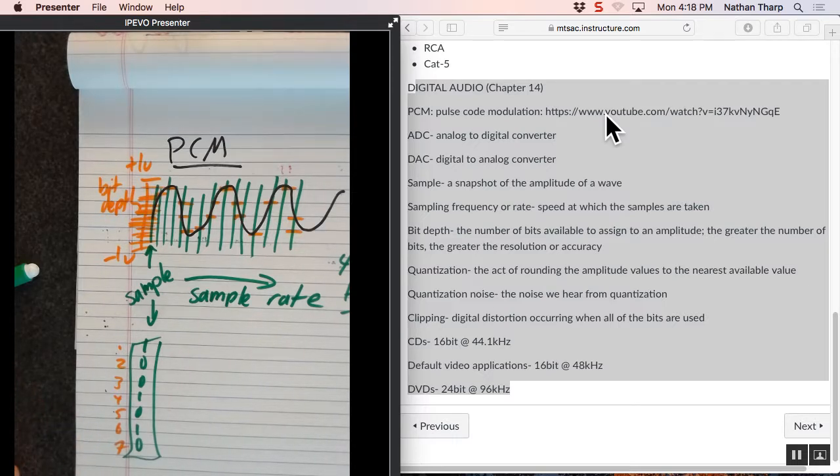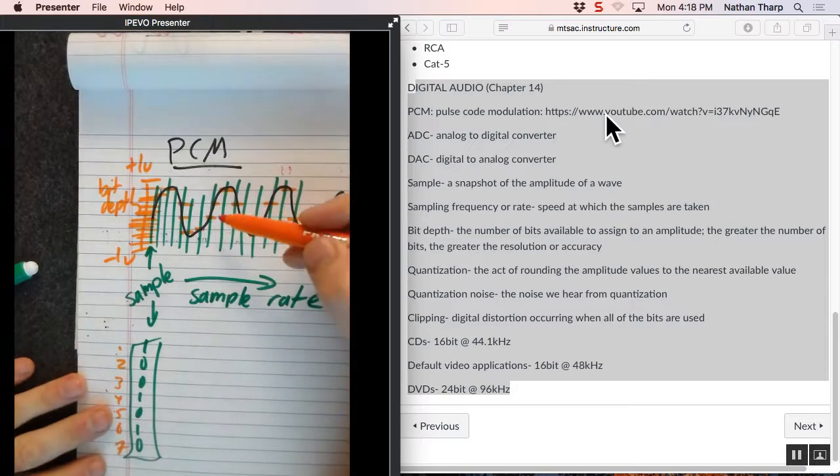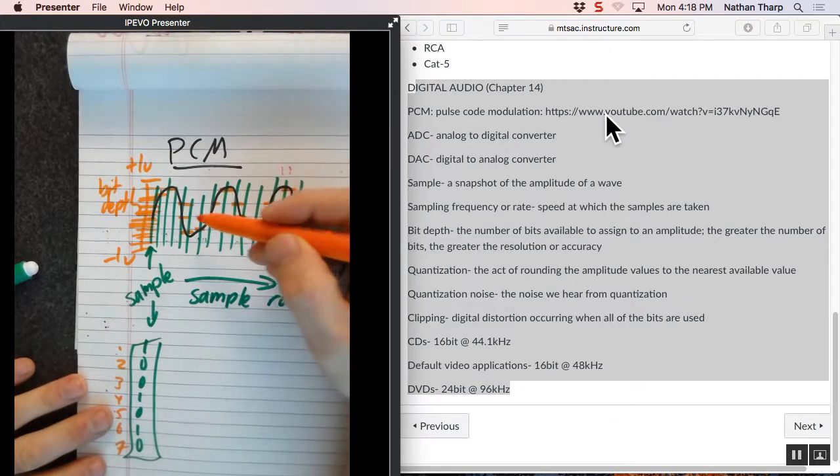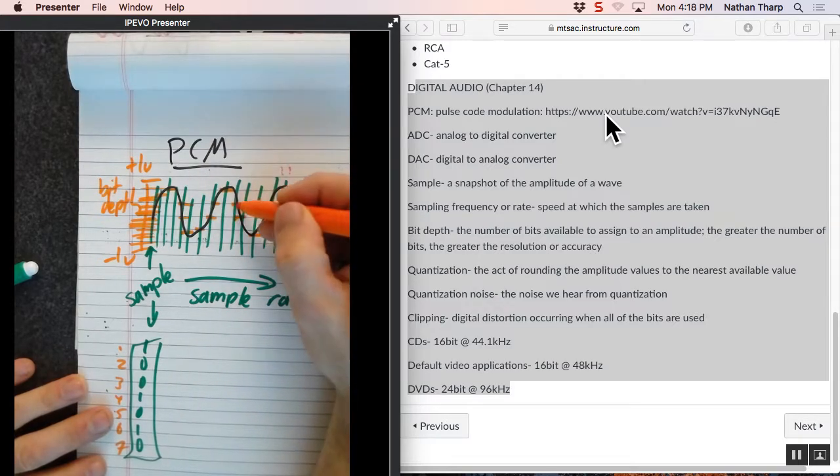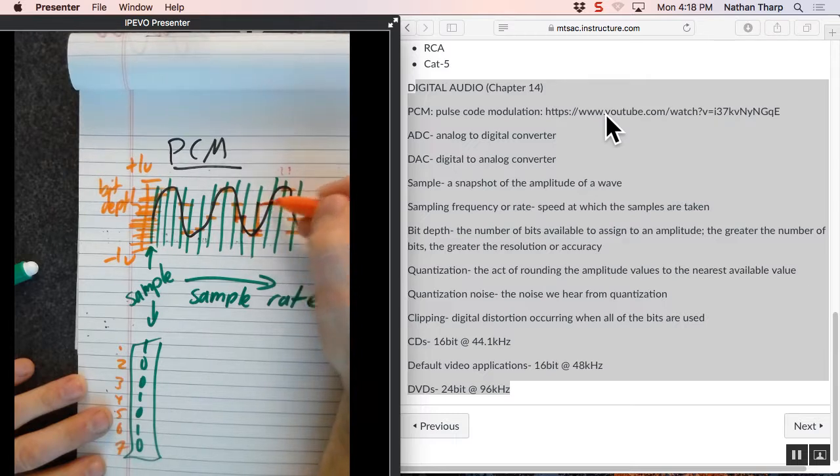All right, so now, what happens, of course, if you look at my orange lines here, you'll see that I was trying to do the orange lines where the blue lines crossed, and that means that my sampled version of this waveform is going to look something like this.